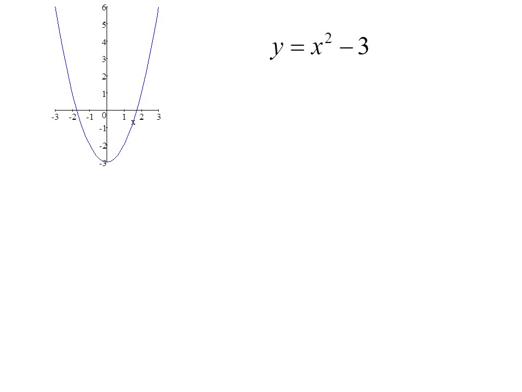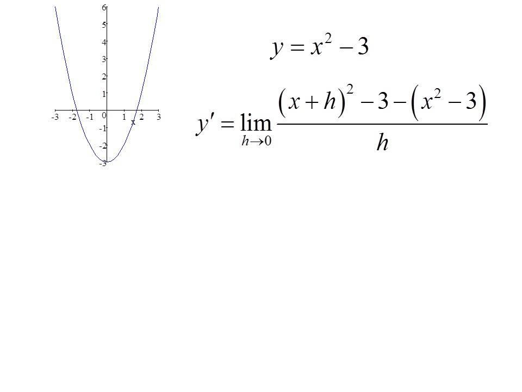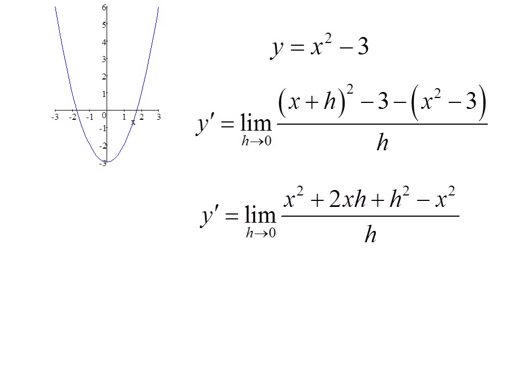In this function, y equals x squared minus 3, we can find the derivative using the difference quotient, or definition of derivative, by taking the limit as h goes to 0 of (x plus h) squared minus 3 minus (x squared minus 3), all over h. So we expand the binomial square and eliminate the parentheses.